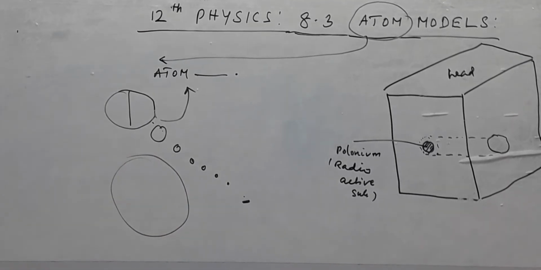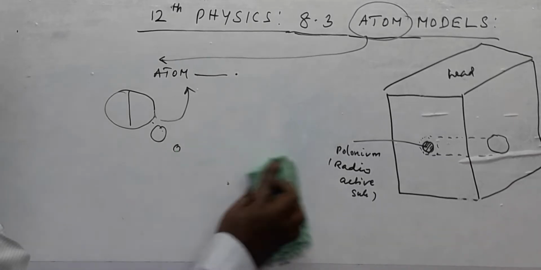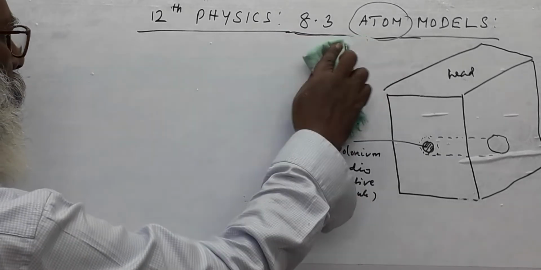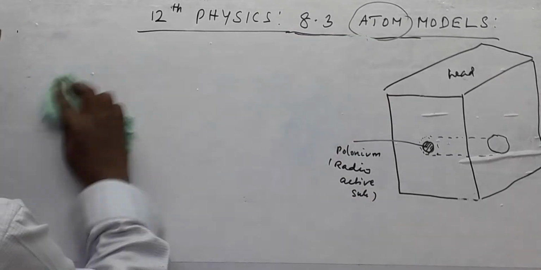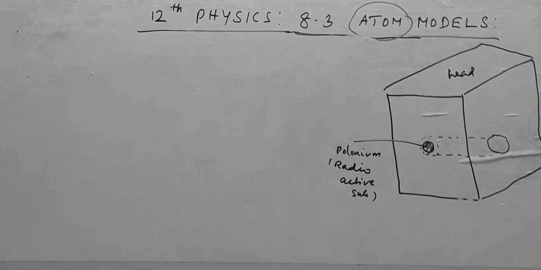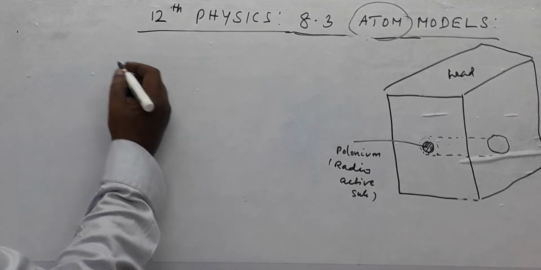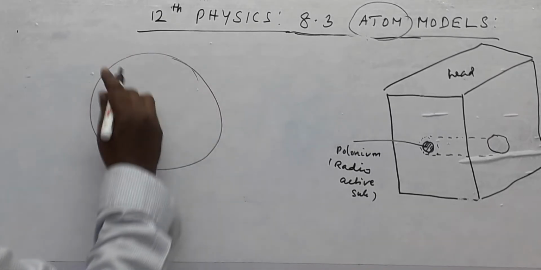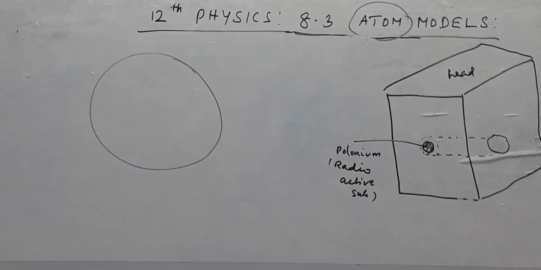That's why many scientists concentrated on explaining the structure of the atom. The first scientist who gave a valuable explanation of the structure of the atom was Thomson.